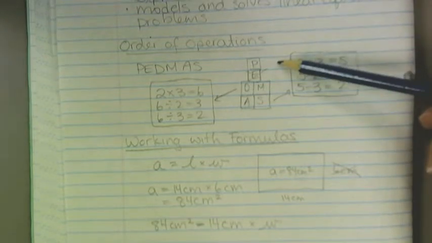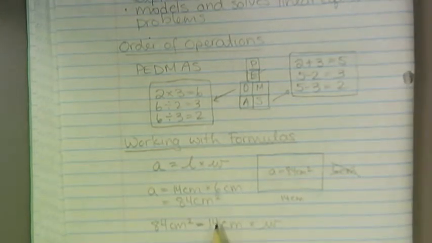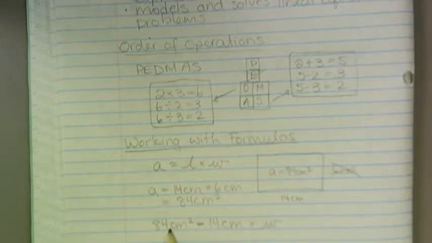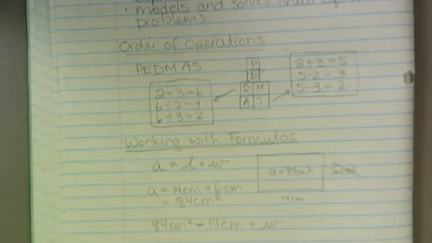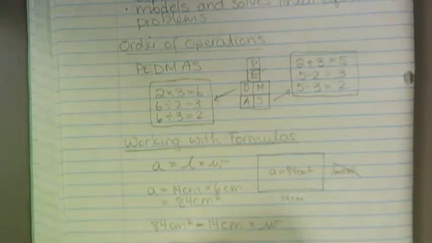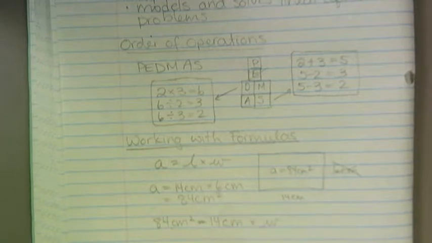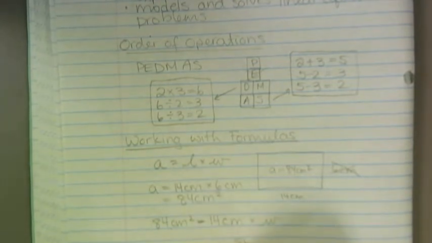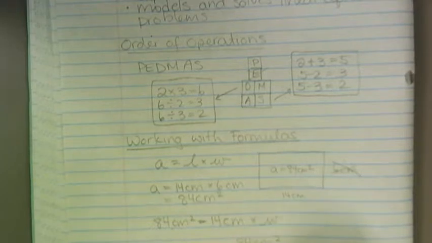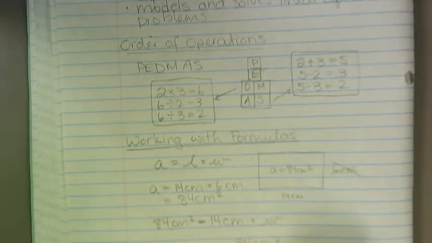Going back to order of operations, we have 14 times width equals 84. What's another way of reworking these numbers in order to give us the missing number? Yeah, the area divided by the length. Area divided by length equals width. So 84 centimeters squared divided by 14 centimeters equals width.